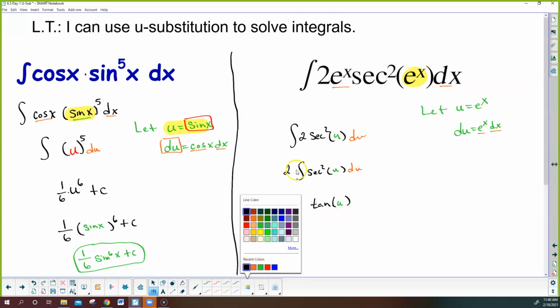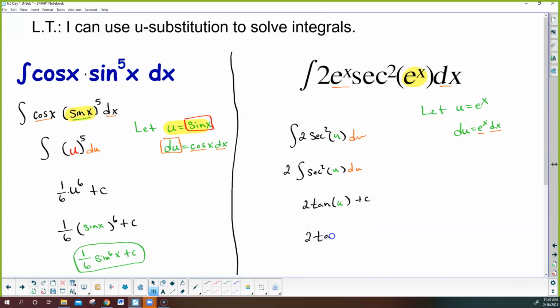And then that 2 is going to drop down because it's just a multiplier. And then we're going to put plus c. And our final answer, instead of u, we have to write our answer in terms of x, or whatever the original problem was. So there I'm going to go back to what I called u and replace u with e to the x.